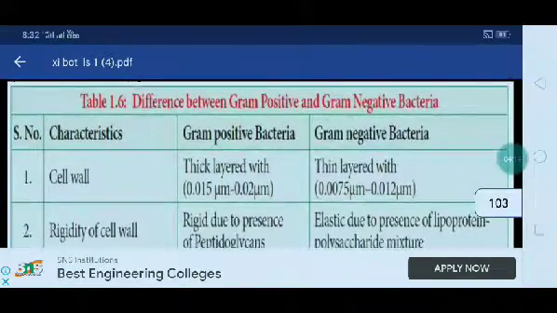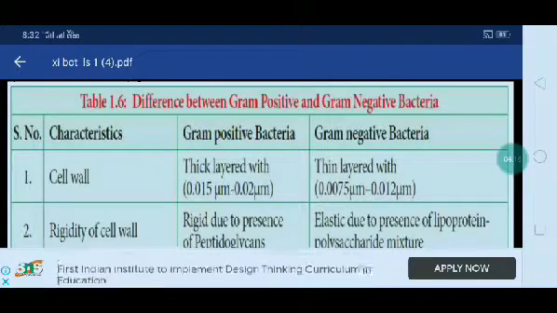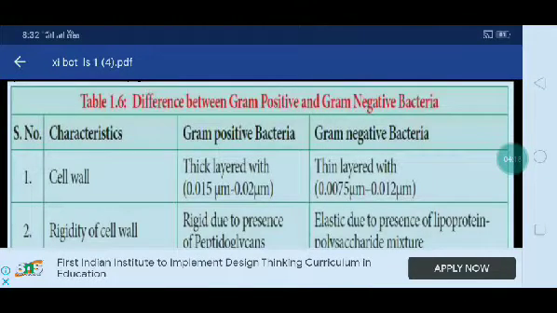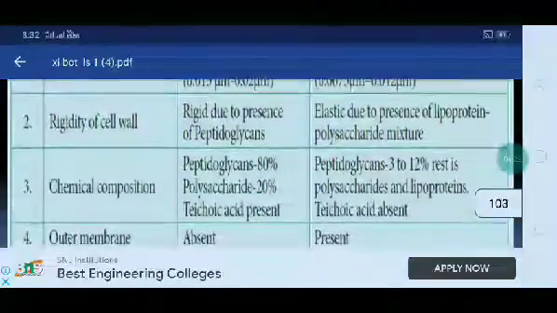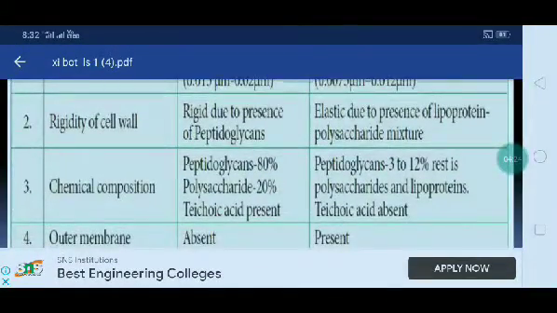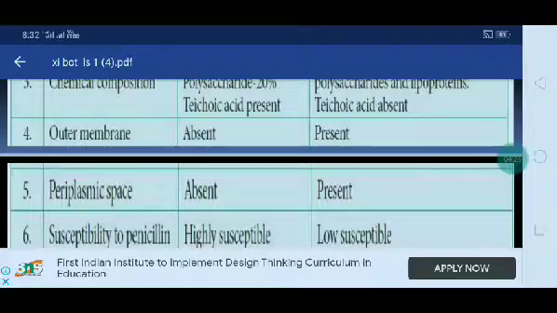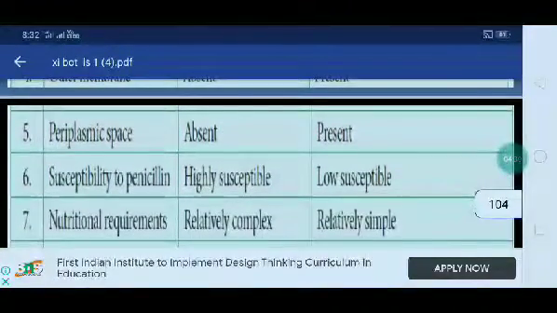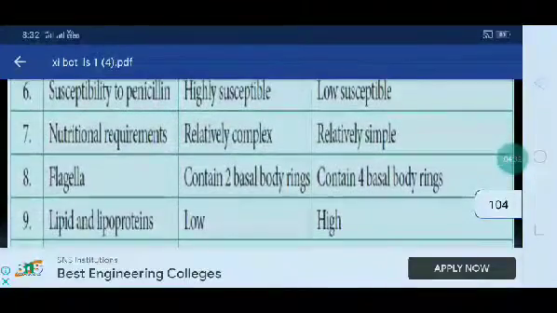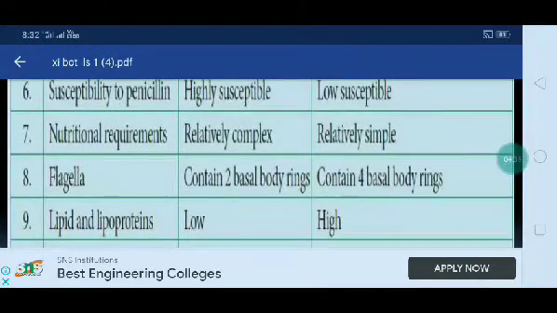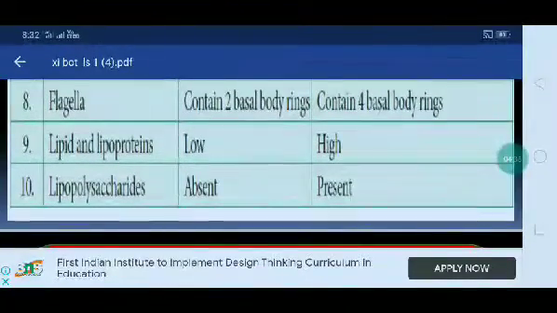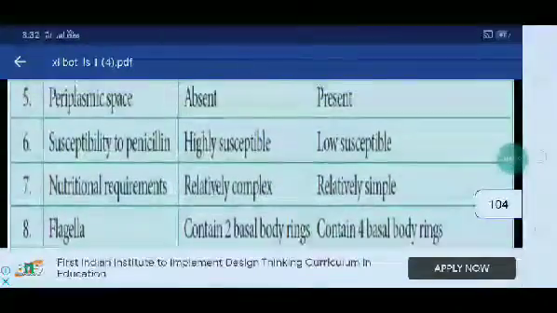What are the differences between Gram positive and Gram negative bacteria? They depend upon characteristic features: the cell wall, rigidity of the cell wall, chemical composition, outer membrane and periplasmic space, susceptibility to penicillin, nutritional requirements, flagella, and lipids, lipoproteins and lipopolysaccharides. This is how they are differentiated.